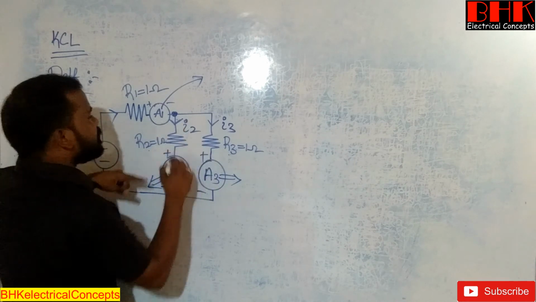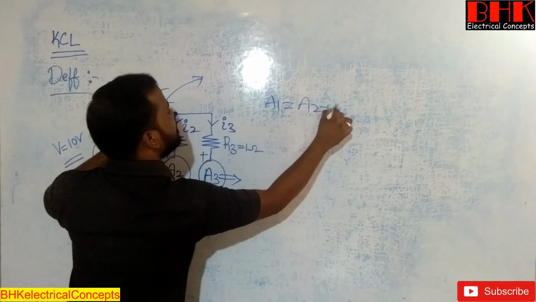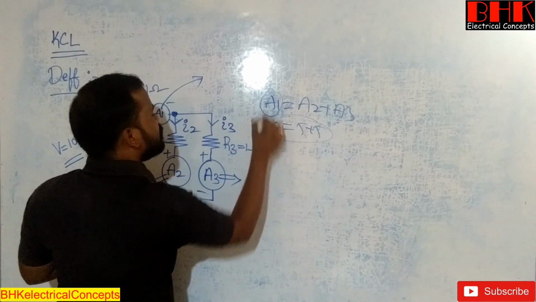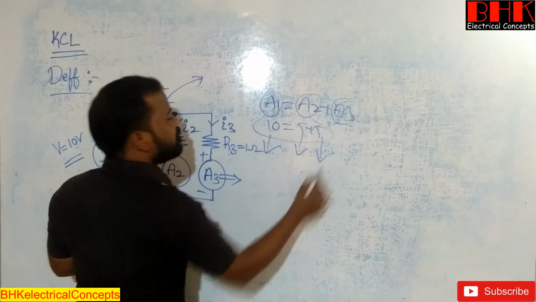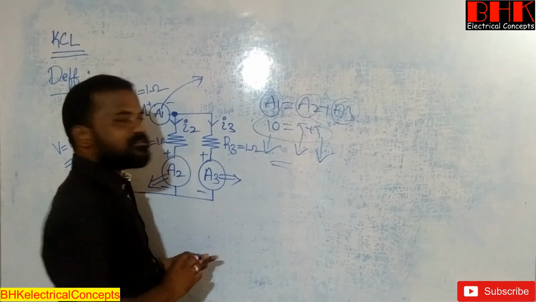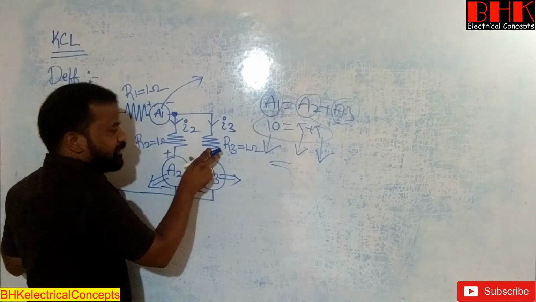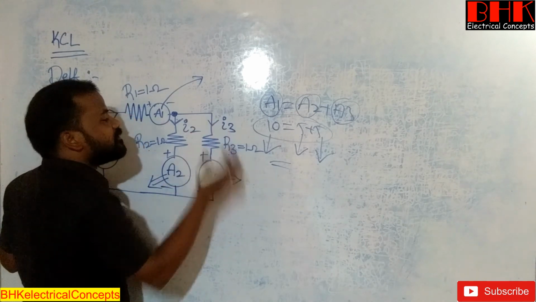So after this, just take the readings. A1 must be equal to A2 plus A3. For example, 10 is equal to 5 plus 5. A1 will show 10 amperes, A2 will show 5 amperes, A3 will show 5 amperes. Then Kirchhoff's current law will verify. Clear? So depending upon the branches of resistances, you can connect all the individual ammeters in series with the resistances.